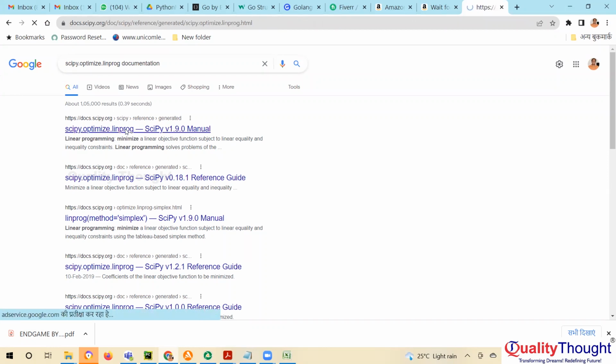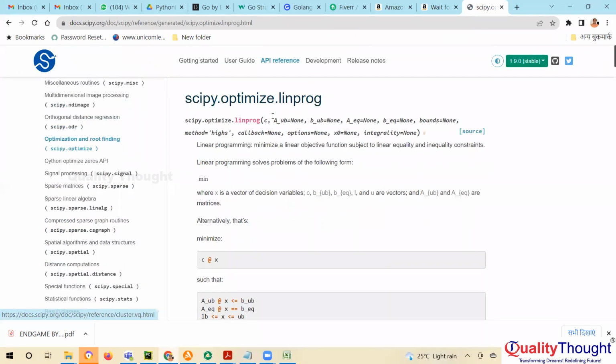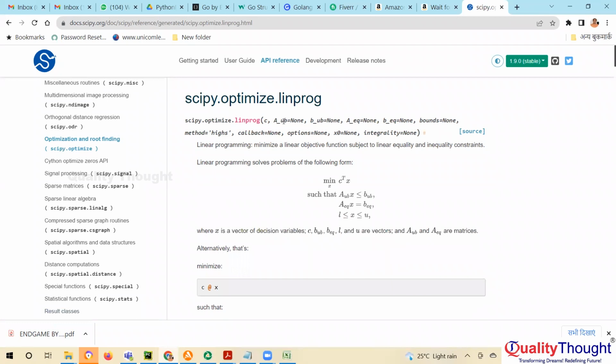We go to this and we'll see. So we have simplex, revised simplex. See, objective function, A ub, left side constraint, right side constraint. A ub is for giving the upper bound, not more than kind of. If you have an equality sign, something should be equal to, cannot be less than or more than, then you say A underscore eq. In our case, we do not have any equality thing. Bounds, methods. There are multiple methods.